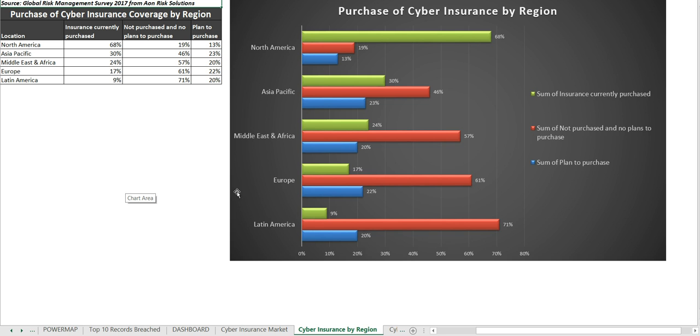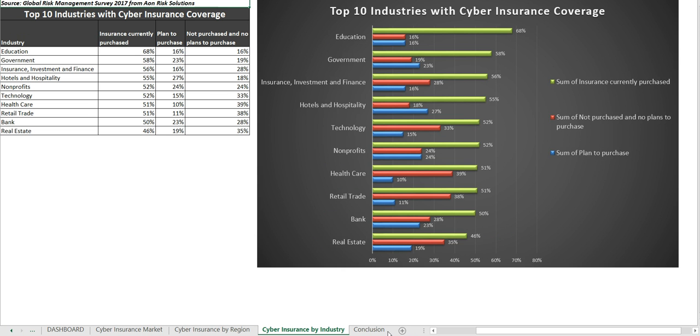In between, we have Asia Pacific, Middle East, and Africa, and also Europe. Last but not least, this tab shows which industries purchase the most cyber insurance. The education industry comes in at the top with 68% of the industry having purchased insurance, followed by the government, insurance, investment, and finance industries, and then everybody else.